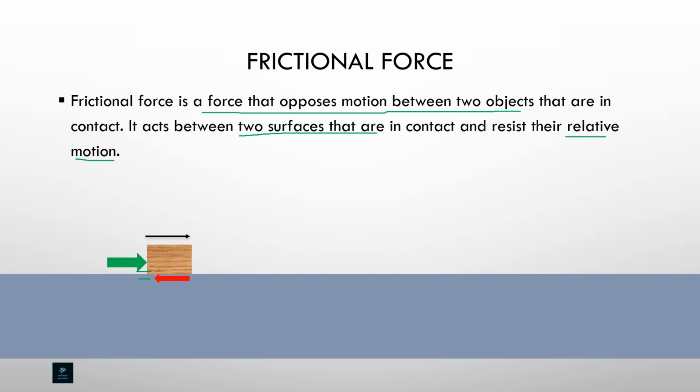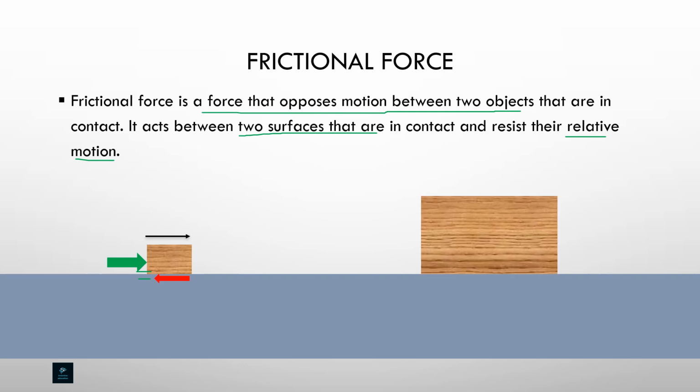Now suppose that we have a large wooden crate and we try to move it on a flat surface by applying a force in the horizontal direction. But this crate doesn't move. This is due to the frictional force which acts opposite to the direction of the applied force and it acts to prevent the movement of this crate.